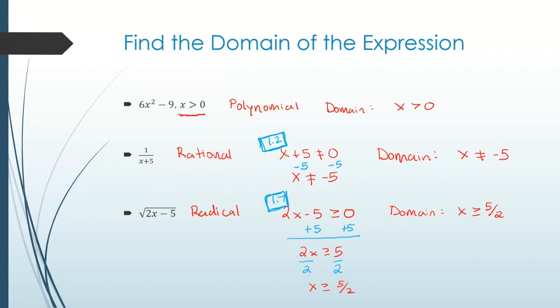If you look at a graph of this, what that means is that you will only have a graph for values of x greater than or equal to 5 halves.